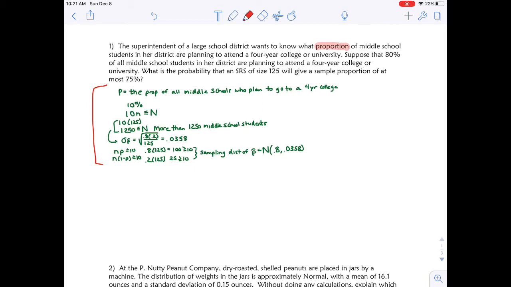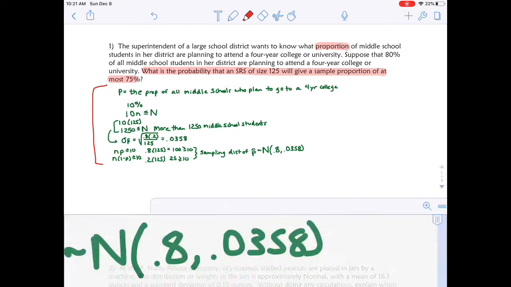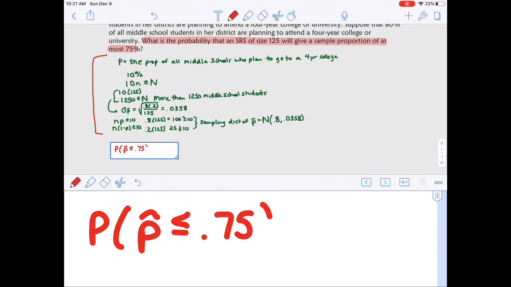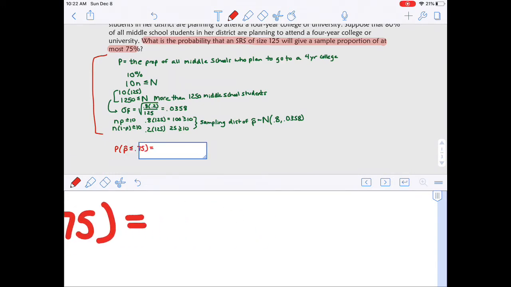So we get to the actual problem they're asking. What is the probability that a random sample of 125 will give us a proportion of at most 75%? Okay, so this again is the part that will change each problem. So the probability that our p hat will be at most 0.75. Change that to a z-score.